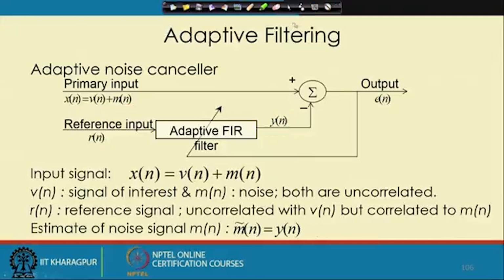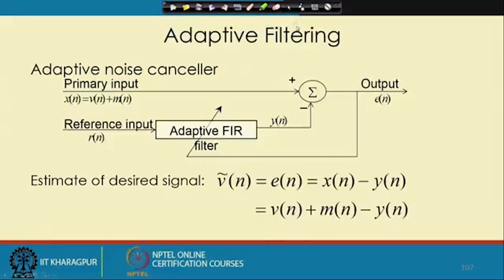So, here we look at the scenario that we have this error e[n]. This error is the difference between x[n], that is the observed signal, minus the estimate of that noise, which has been synthesized by the adaptive FIR filter with the help of the reference input.